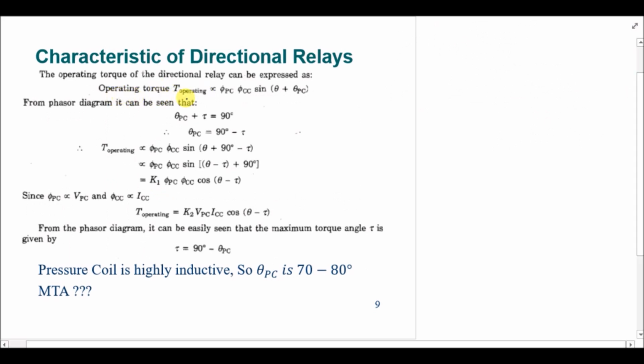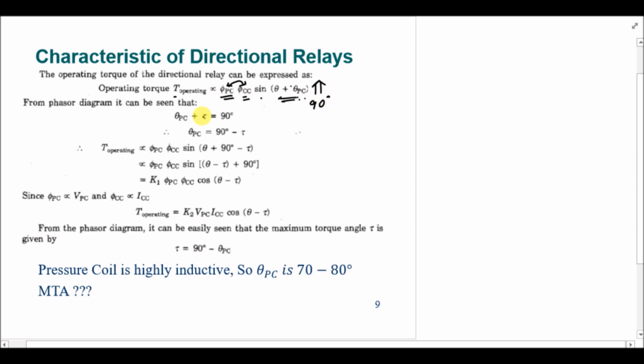This is the formula that I was talking about. The T operating value is phi PC phi CC sine theta plus theta PC, and theta plus theta PC is here because this is the angle between these two fluxes. Similarly, in order to make this torque value maximum, we have to make this value theta plus theta PC equal to 90 degree.